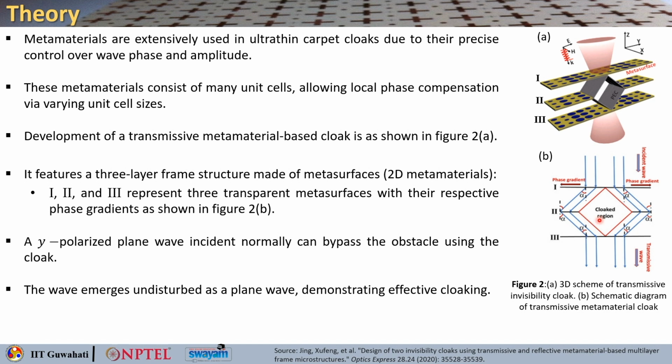So, here in the schematic you can also see how things work. This is the incident beam and this is the first layer, and you have a phase gradient this way. Then you have the second layer, this one, and this is the cloaked region.